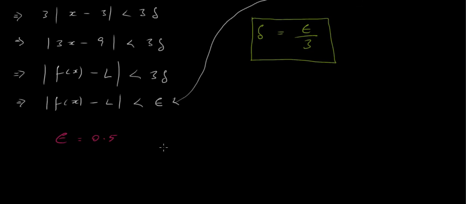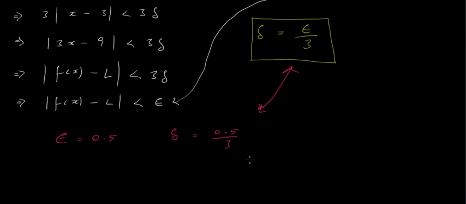Then I say, okay, if your epsilon is 0.5 from the limit, I can find a delta. My delta will simply be 0.5 over 3, because remember, for this particular function, delta will be epsilon divided by 3.